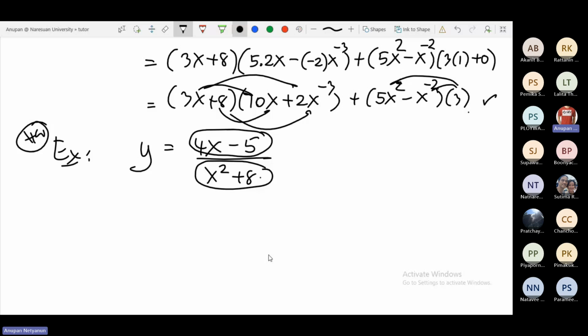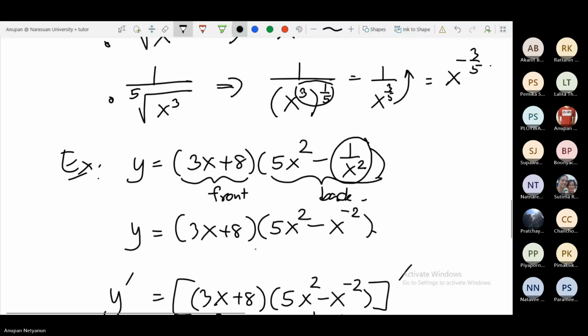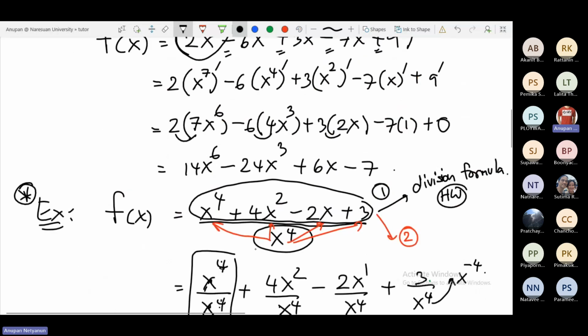So you have to use the division rule for derivative. Okay, top and bottom. Right? And you can use the formula for this one. Okay, but this method will not work for this case.